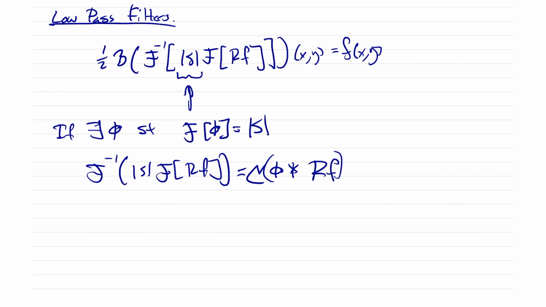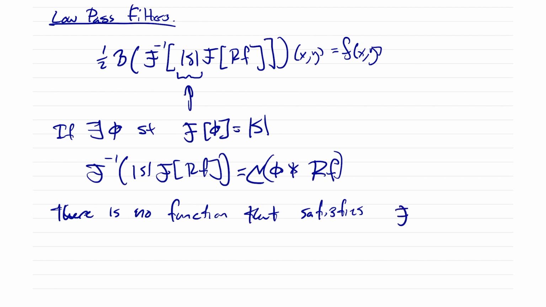But the problem is that there is no function that satisfies the Fourier transform of phi being equal to the absolute value of S. So we're sort of hosed there. But we can replace the absolute value of S with something else and still get a good approximation.